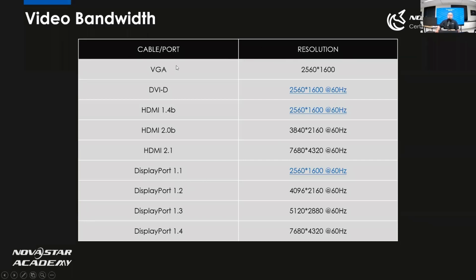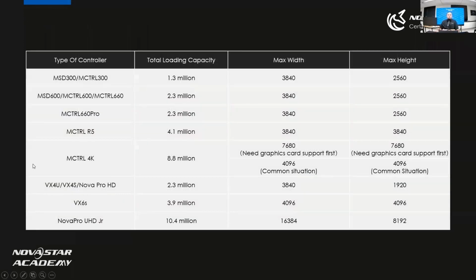This form you can always get on the website, but this next form maybe you can only get from now. Here we share the form which lists the name of the controller, the total loading capacity, and the maximum width and maximum height.